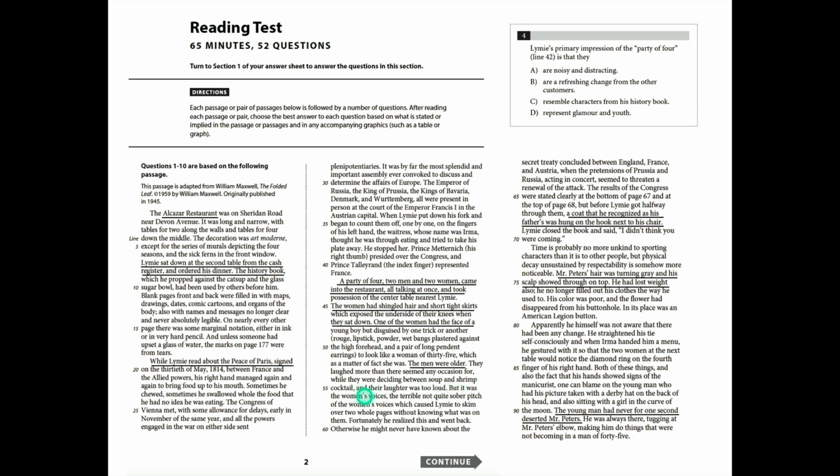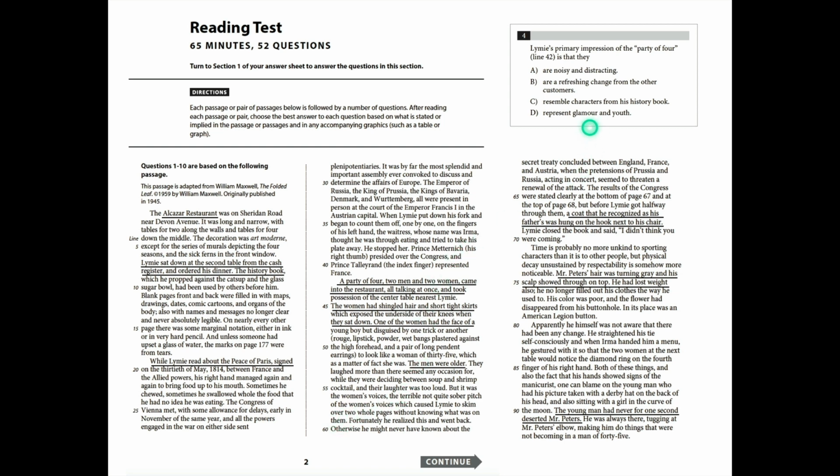But it was the women's voices, the terrible, not quite sober pitch of the women's voices, which caused Limey to skim over 2 pages without realizing what was on them. So he was affected by the voices of this particular group, particularly the women's voices.